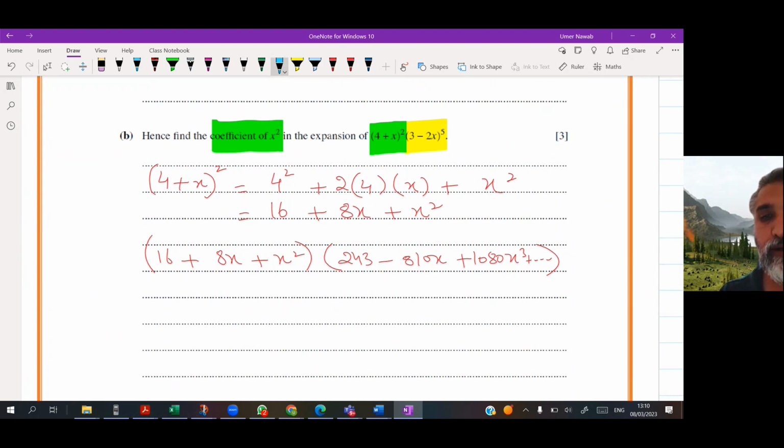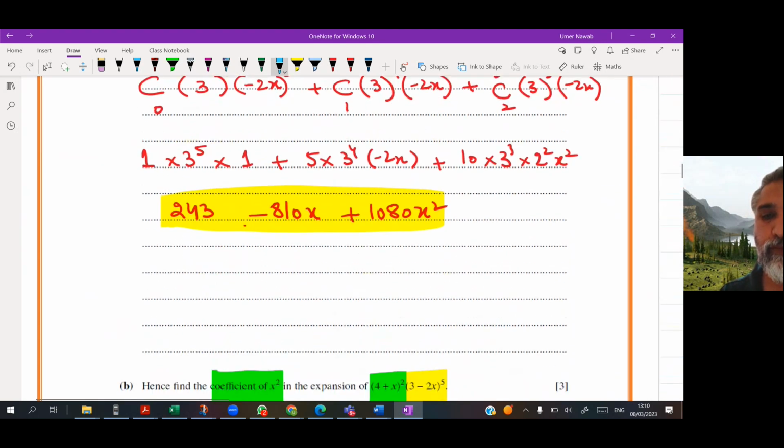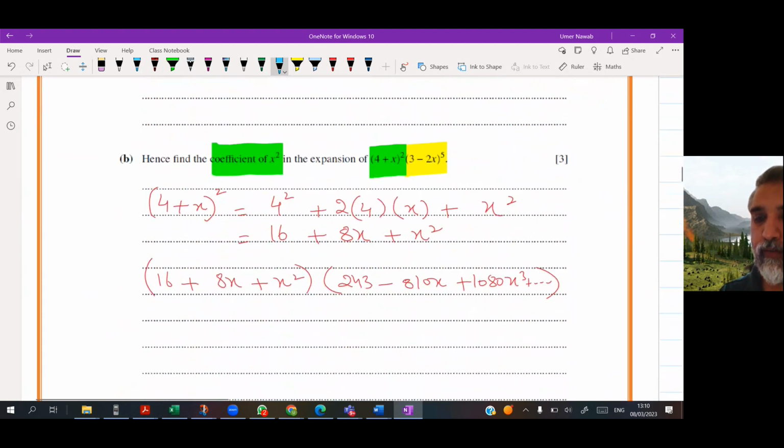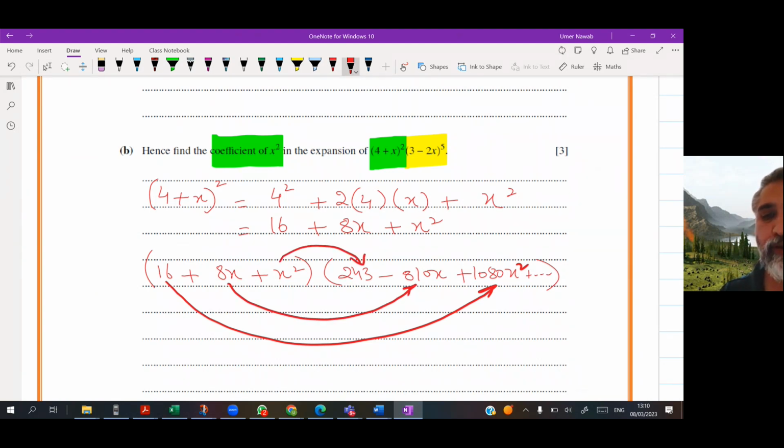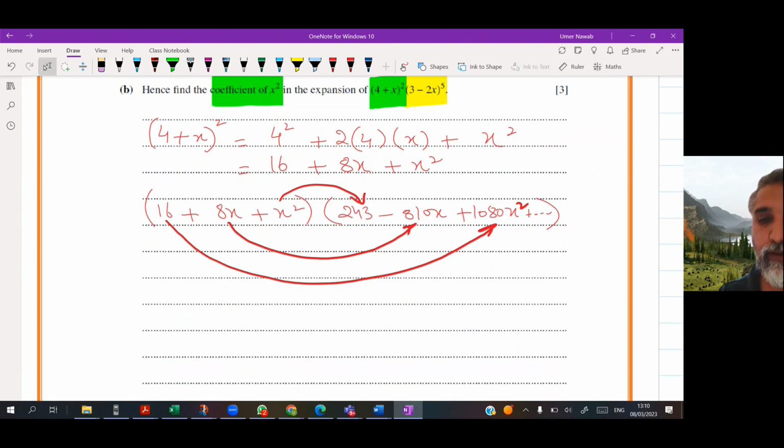How will the x squared term appear after the multiplication of the two brackets? This was x squared, sorry. Now 16 multiplied with this will give you an x squared term. This multiplied with this will give you an x squared term, and this multiplied with this gives you an x squared term.